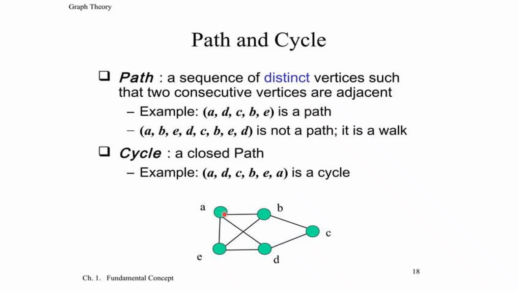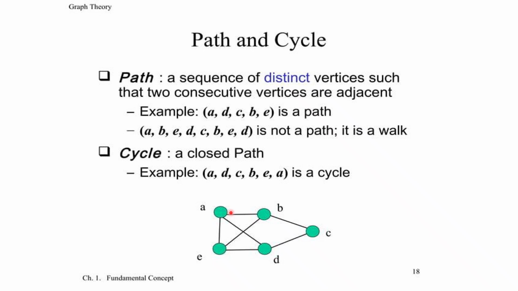From A to D, D to C, C to B, B to E, and again E to A. The terminal vertices are the same. This is called a cycle.